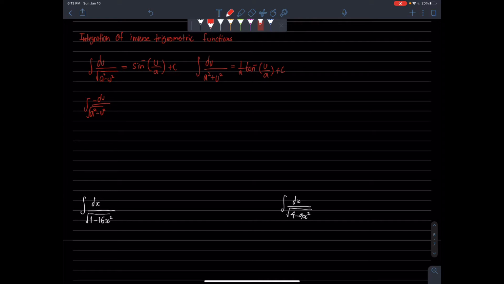This would give you cos inverse. If you see this one, and it similarly has a negative, then it's just going to be cot inverse.